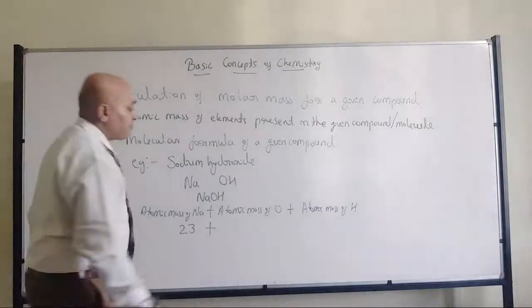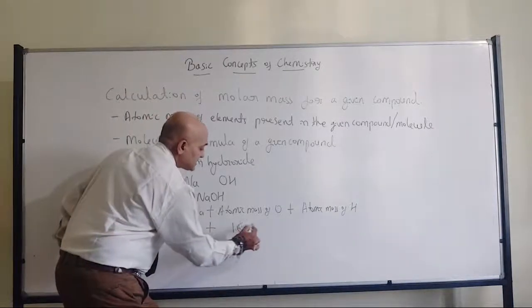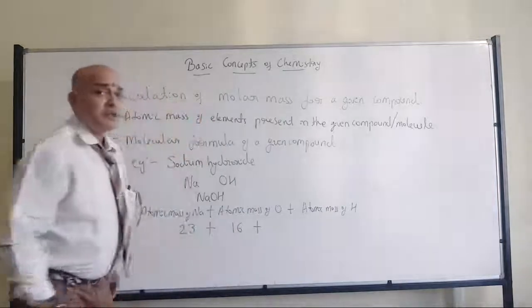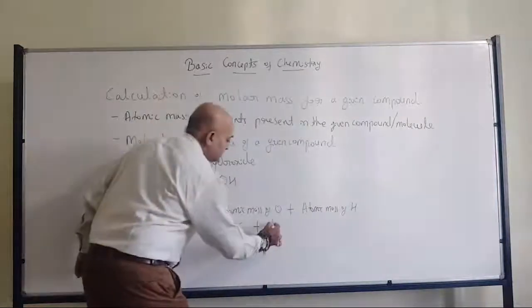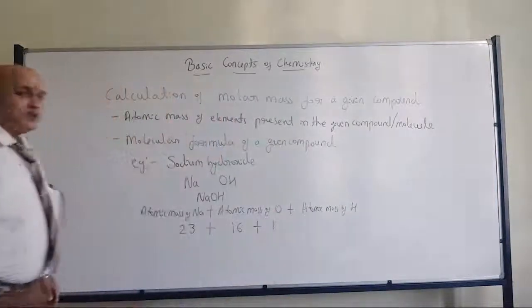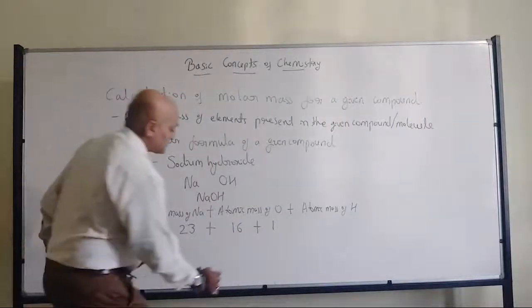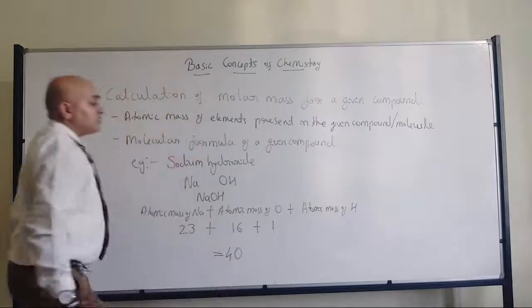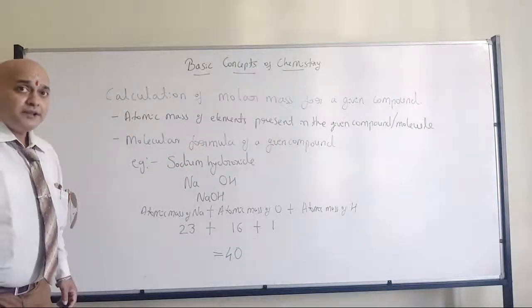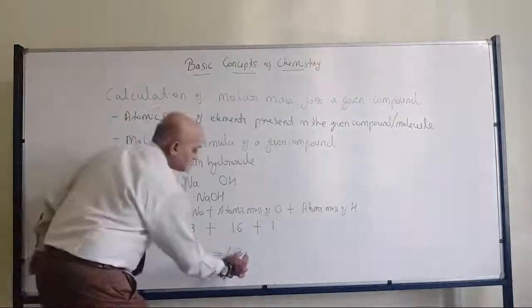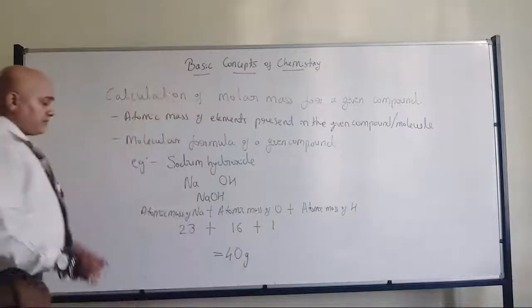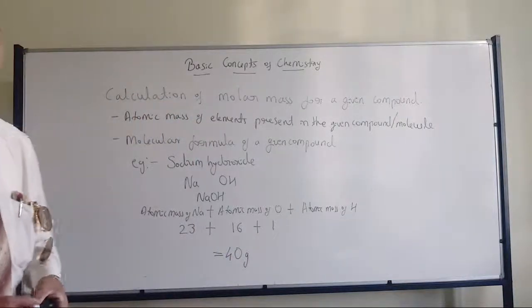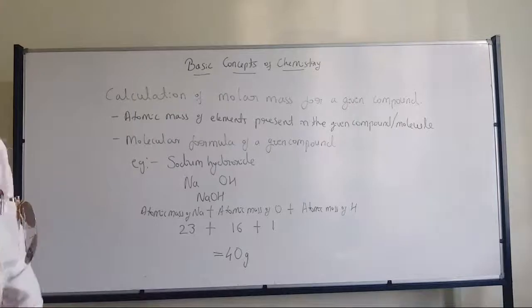Atomic mass of oxygen is 16. Atomic mass of hydrogen is 1. All of you will agree? So that means finally I am going to get the answer as 40. Right? So now I can write it as 40 gram.